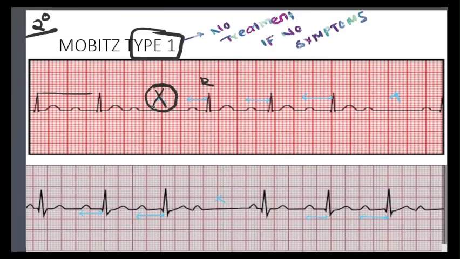Now let's see the PR interval. Here is a P, here is the start of the QRS complex. So this is the PR interval. It's prolonged, almost 8 small boxes. After that there is a T wave, and here a P, and this P wave is not converted to a QRS complex, so there is a missing.